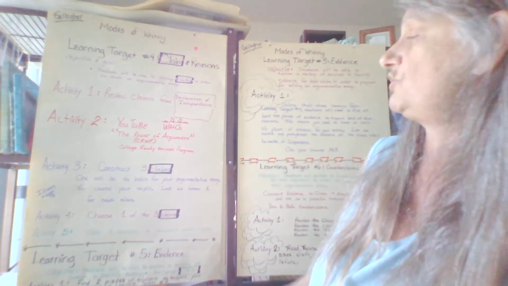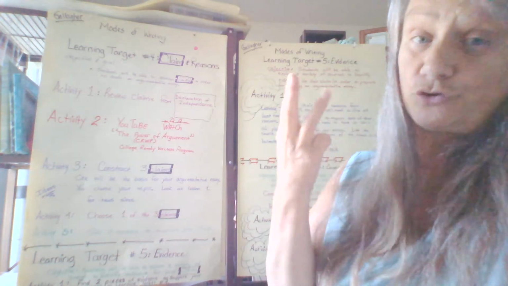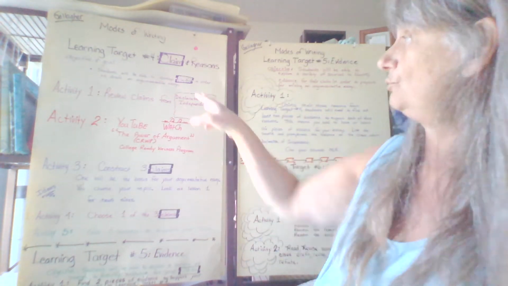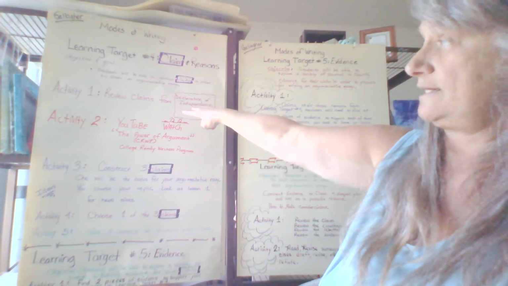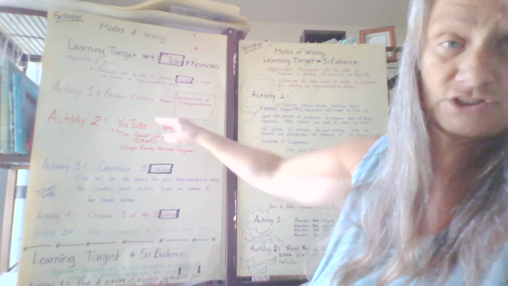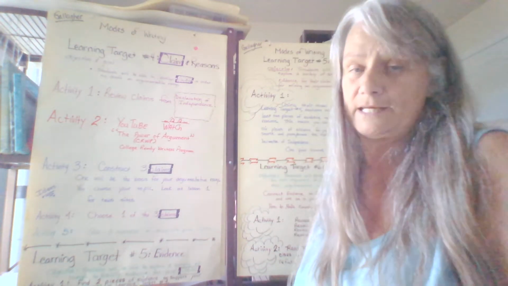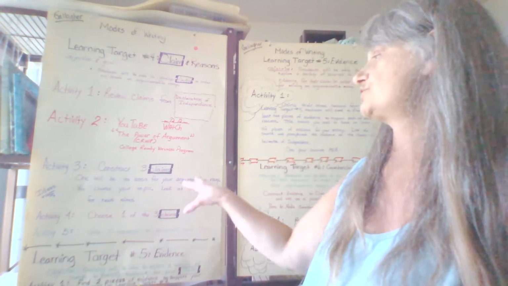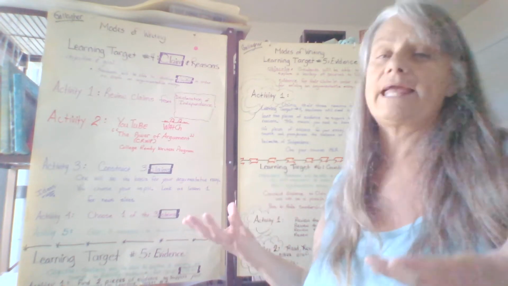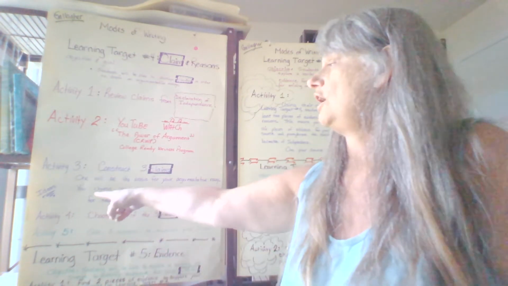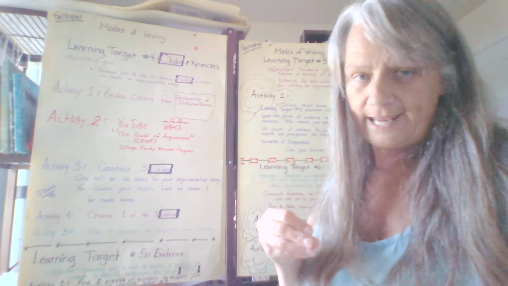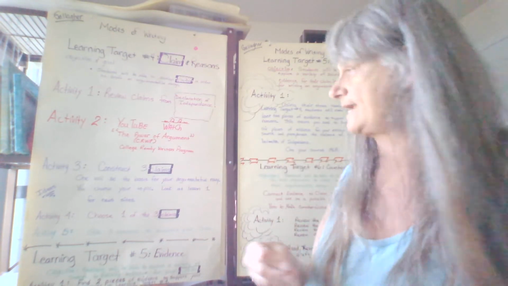So activity 3. You're going to construct 3 claims according to the rules that you've learned in activity 2 by watching the YouTube videos. Okay, so this is an active role that you participate in, that you have to take part in, so that you understand what a claim looks like. Ideas, that's the claim, is the idea, that's your thesis statement.